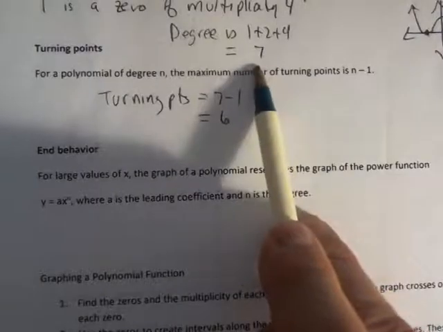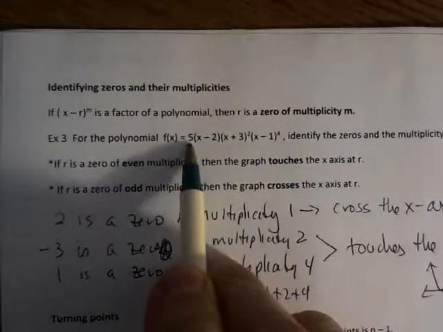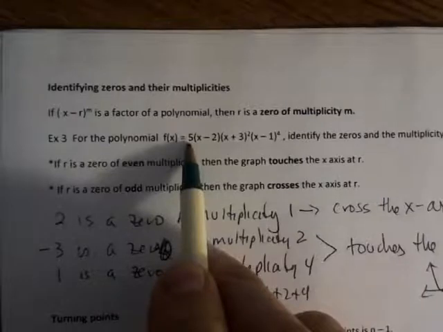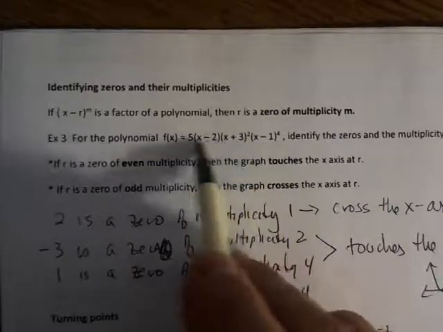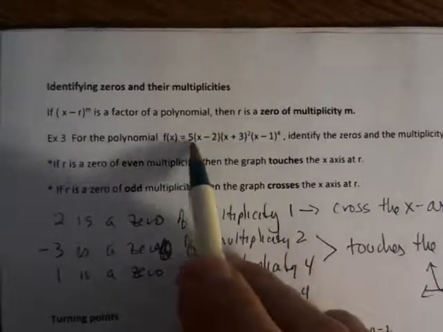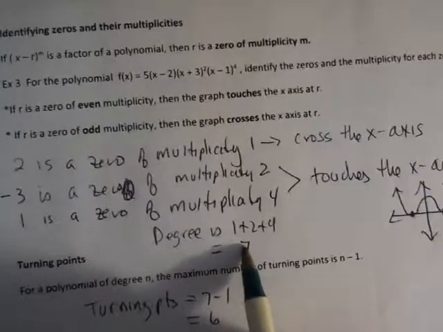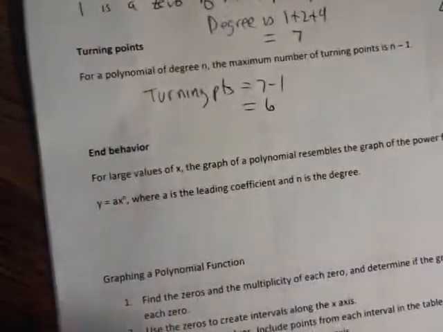Well, we've already found the degree for this polynomial up here. Since we do have a number out in front other than a 1, this would be my a value. And if we expanded this polynomial, our leading term would be 5x to the 7th power, because that's our degree, that's our leading coefficient. So your end behavior is pretty much your leading term.